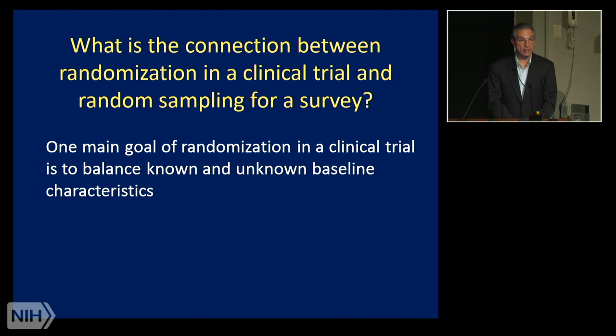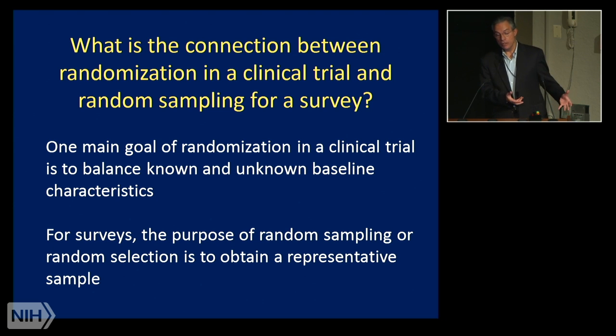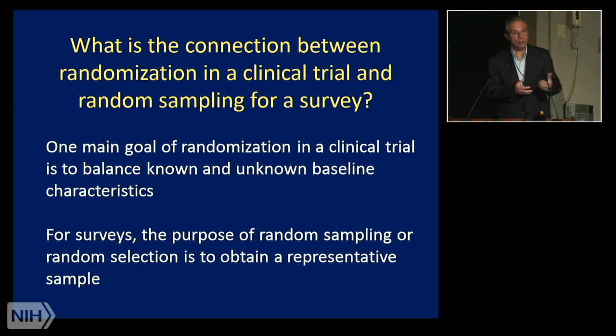We talked about that. That's in a clinical trial context. For surveys, we're more interested in taking a random, representative sample of the population to do the survey. Remember, in a clinical trial, unfortunately, we don't have a random sample of the people with the disease, but we do randomization. At least we equalize that, so we can assign causality.